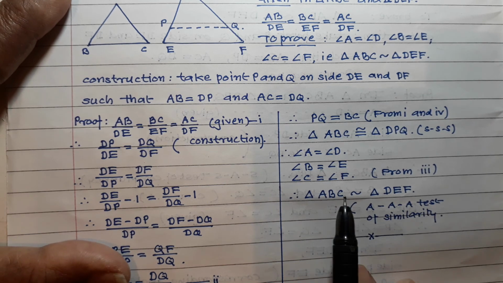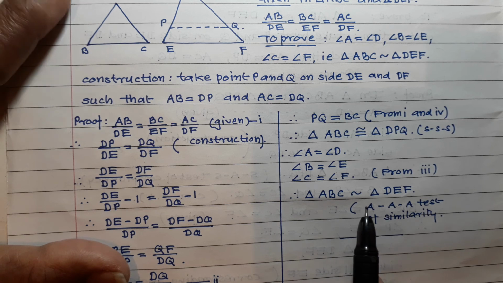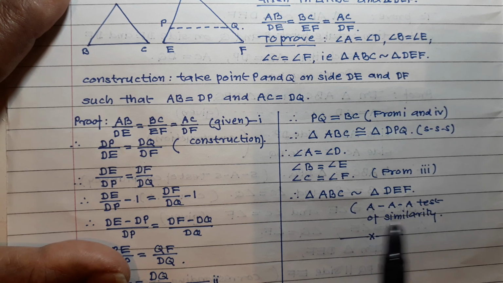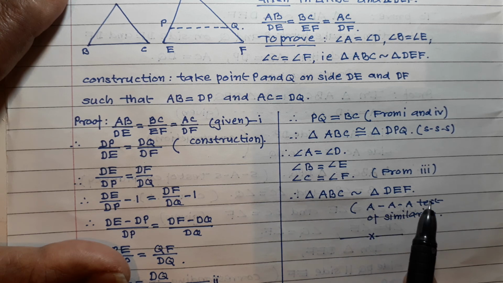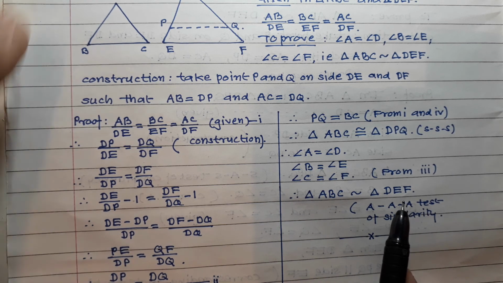Now in this case, one thing you remember: it is not necessary to show that all three angles are congruent. If you show two angles are congruent, then this test is proved.